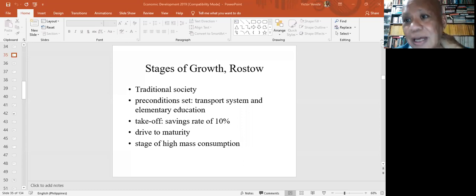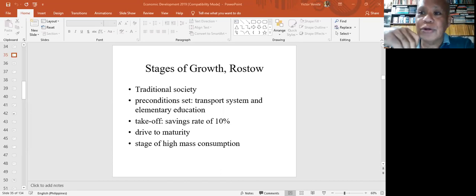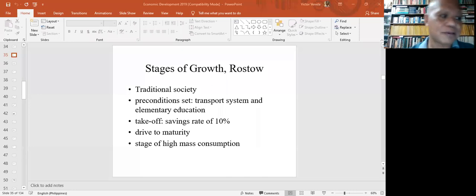Now the transport system also widens the market reach of households. When communities now have access to goods coming from so many other places, there's a greater variety of goods available in the local market.